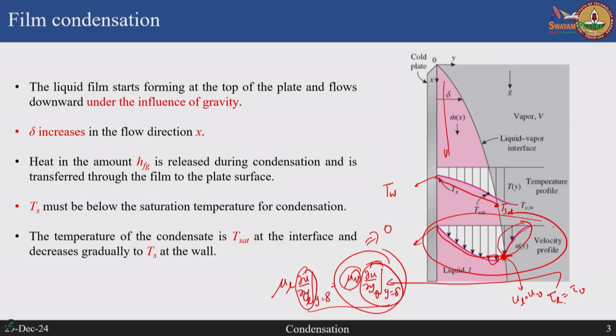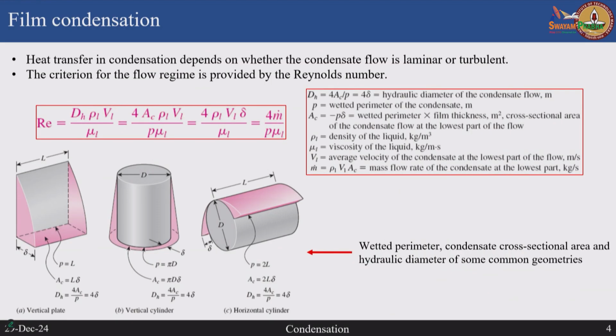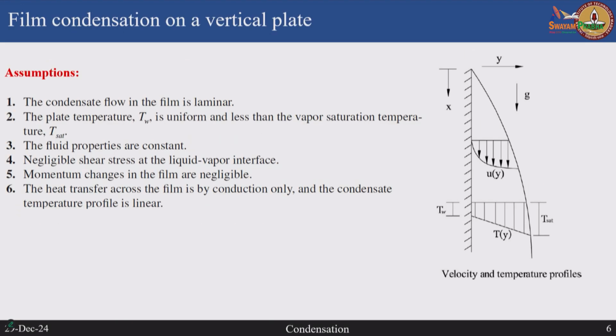So, this is a much simpler approximation to the more complex non-linear convective temperature profile, and he also simplified the velocity profile in such a way that the maximum velocity happens right at the edge of the film. This is Nusselt's approximation, not the actual case, and the same goes for the temperature profile.